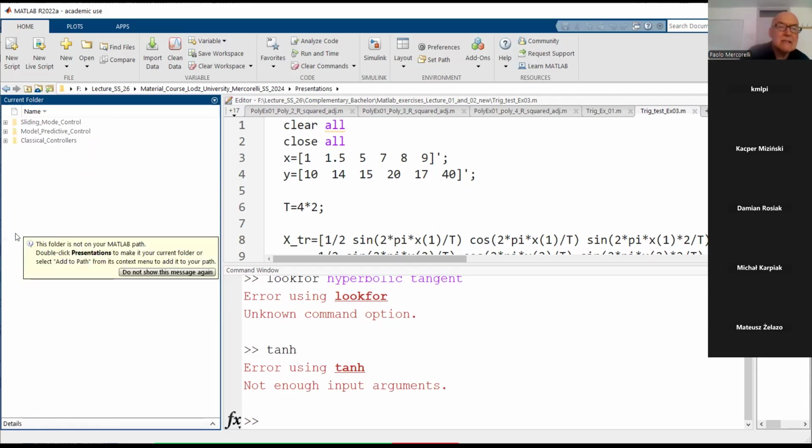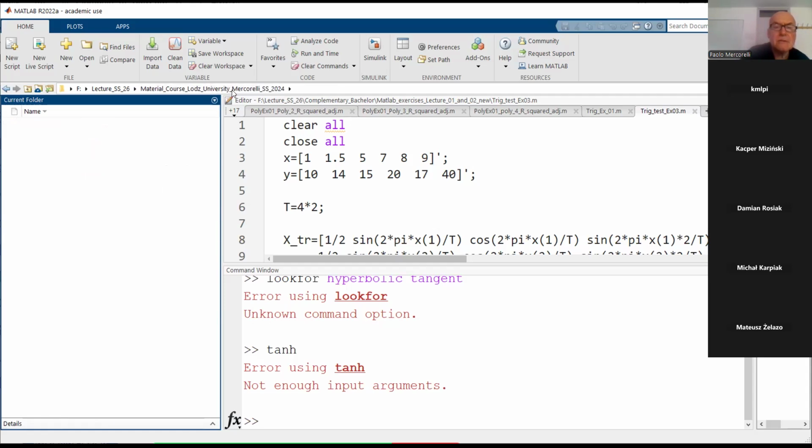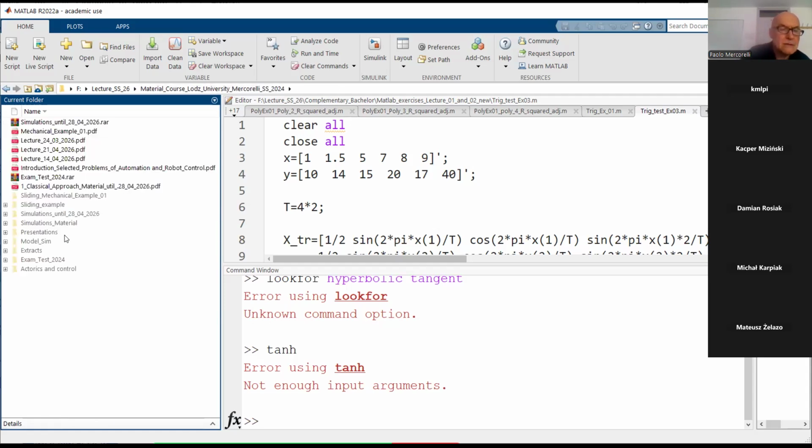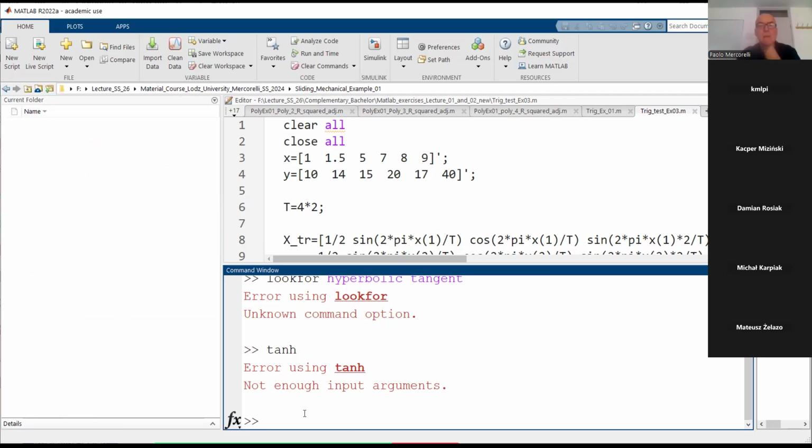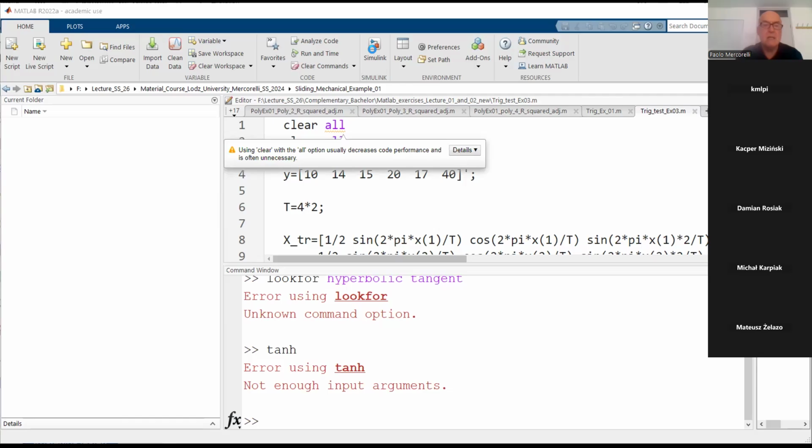I will go inside, not presentation. Sliding mechanical. Okay, let me quickly implement the system in Simulink. Let me share.